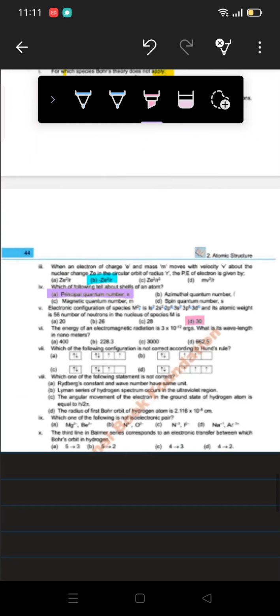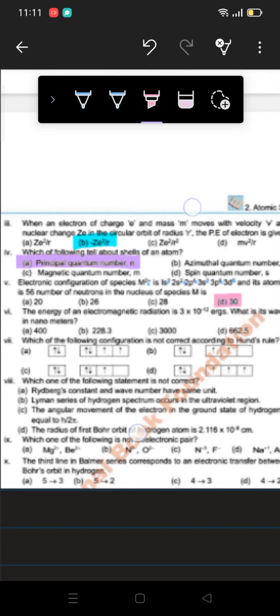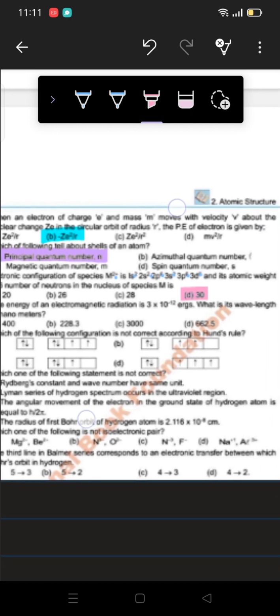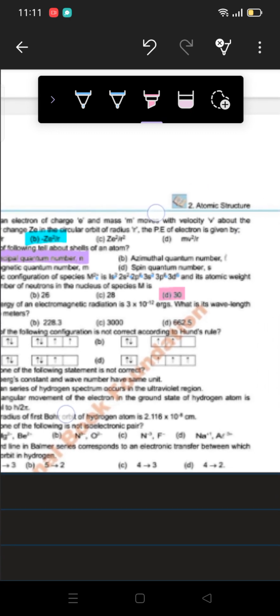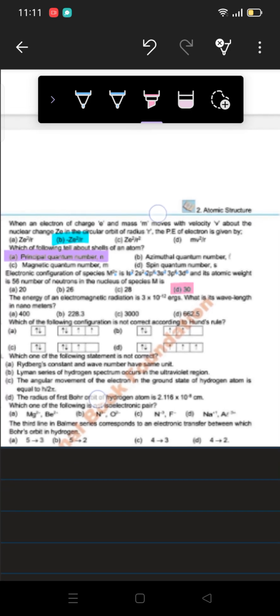Right? So now what does our 6th MCQ ask us about? The energy of an electromagnetic radiation is 3 into 10 to the power minus 12 ergs. What is the wavelength in nanometer?